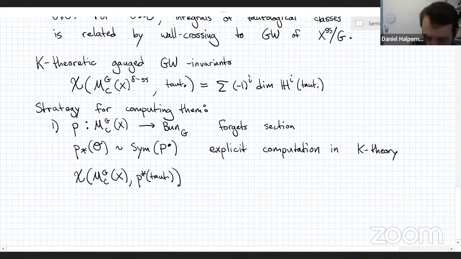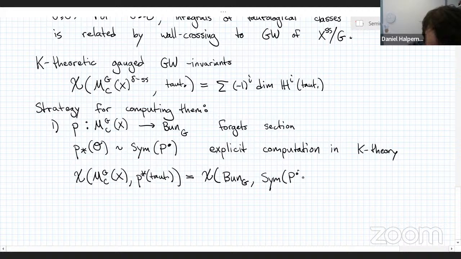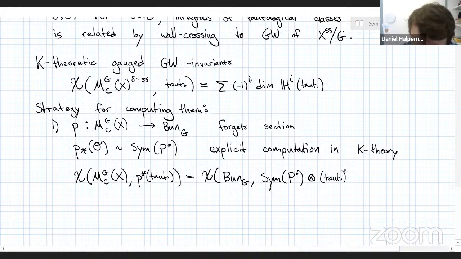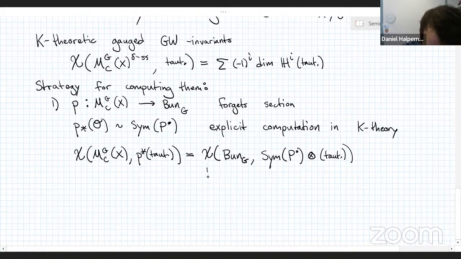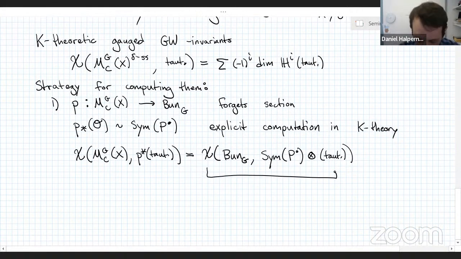There's a projection formula in K-theory that says if I take the pullback of a tautological class on Bun_G to this stack of all gauged maps, and I integrate that tautological class, that's the same thing as integrating just over Bun_G of this p_* of O, which has a sort of explicit formula as a symmetric power of a perfect complex tensor the tautological class. And the claim is that for this object, there are known formulas. So the Teleman-Woodward formula gives an explicit expression.